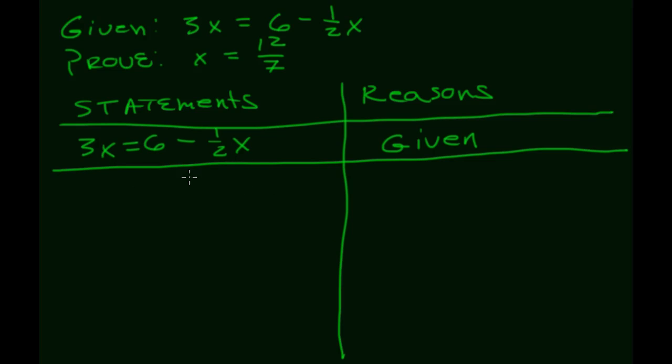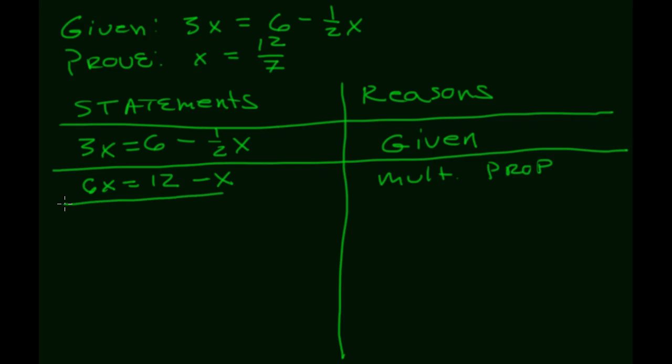An easy thing for me to do here is to multiply both sides of this equation by 2. So if I multiply 3x by 2, I get 6x. 6 by 2 is 12. Negative 1/2 x by 2 is negative x. What did I do to both sides? I multiplied both sides by 2, so I used the multiplication property.